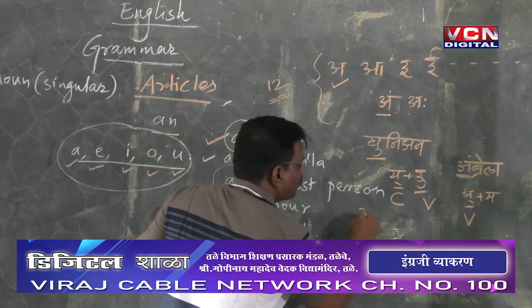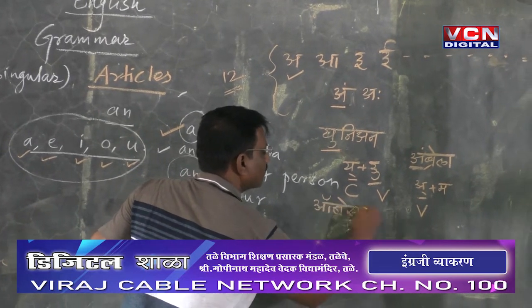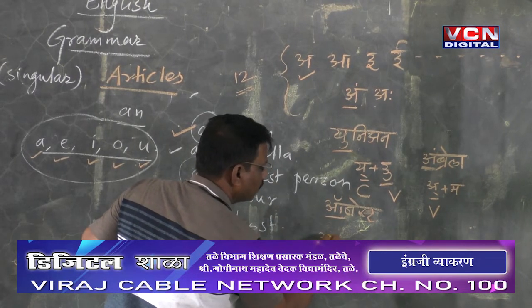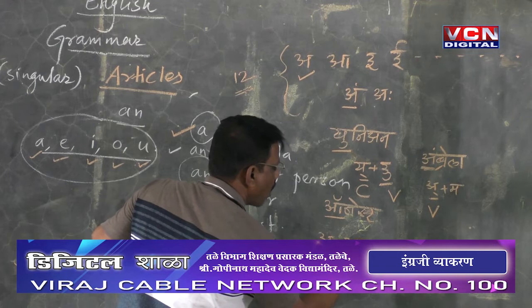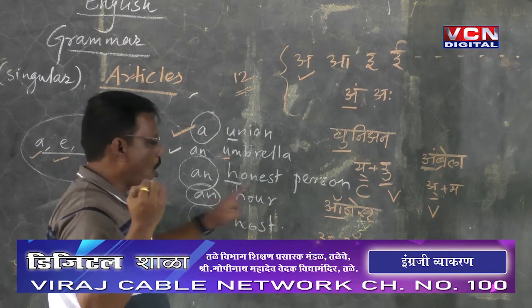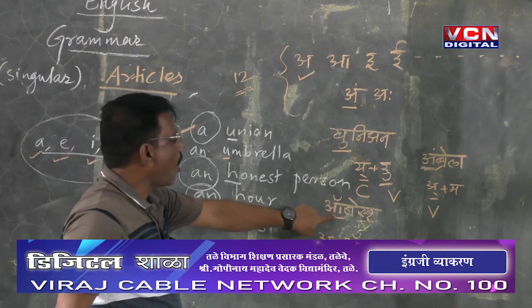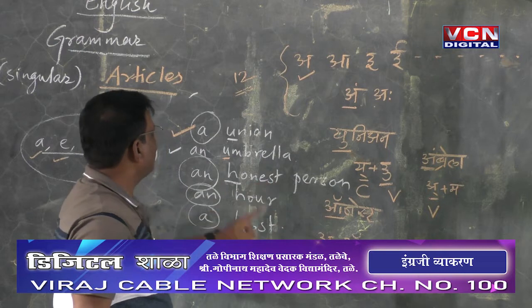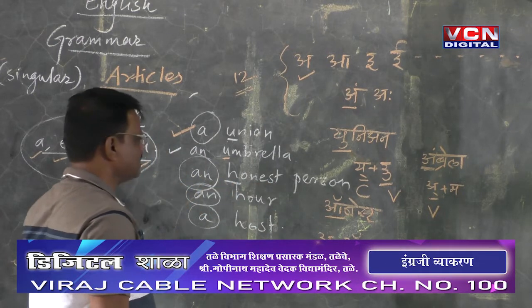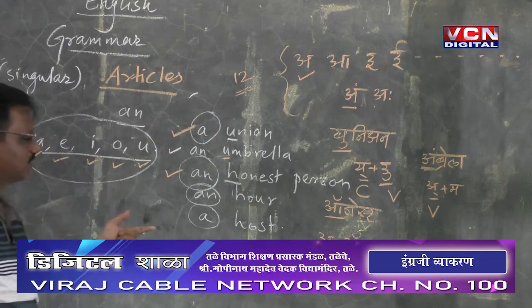Instead, we pronounce it as onest. The first sound is a pure vowel in English, one of the 12 vowels. So it is a vowel, and that's why we will have to use an here, not by this rule, but by this rule. That's why this confusion is also cleared.